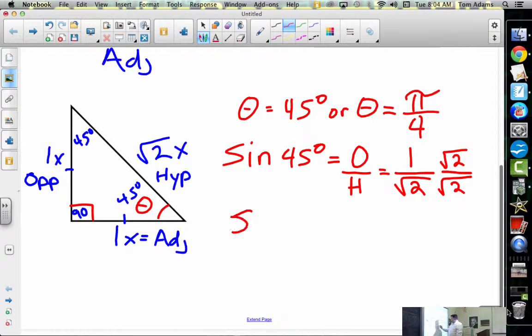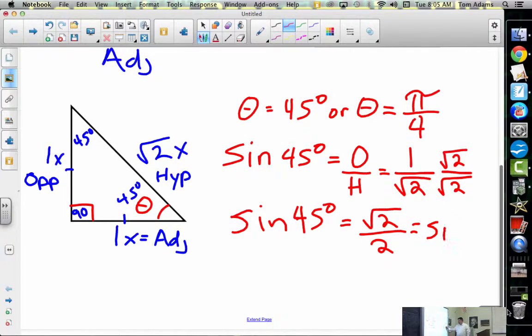So then sine of 45 degrees is equal to root 2 over 2. Which, by the way, is the same as sine of pi over 4. Does that make sense? You guys with me so far?